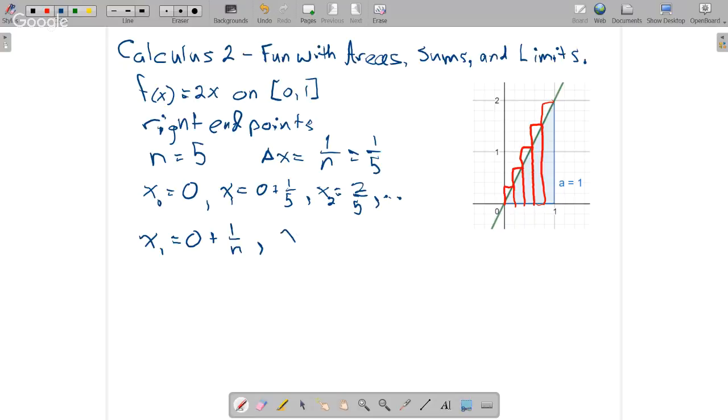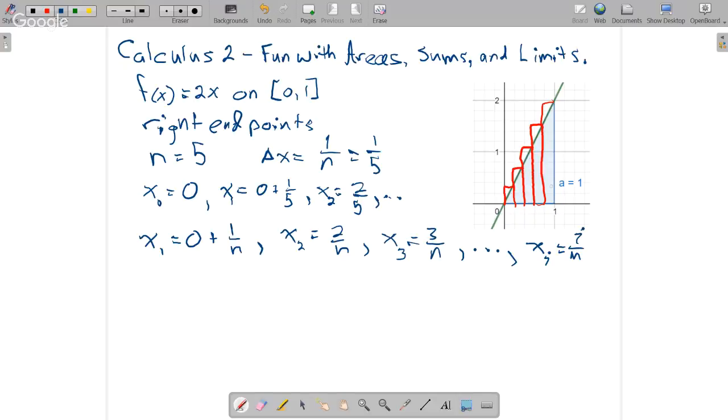So then the second one would be to take the previous one, 1 over n, add another delta x to that. So 1 over n plus 1 over n is going to be 2 over n. And then I'm going to add another 1 over n to that. And so the third one is going to be 3 over n. Then I can generalize it. So somewhere down the road, I'm going to have this position i. So x sub i is going to just be equal to i over n.